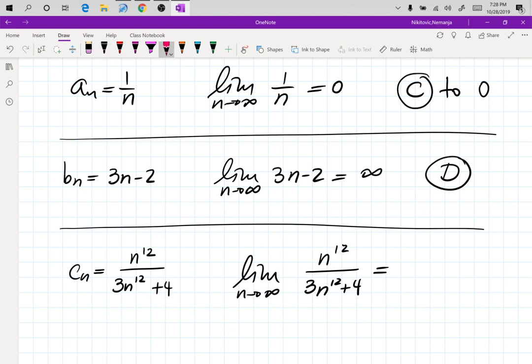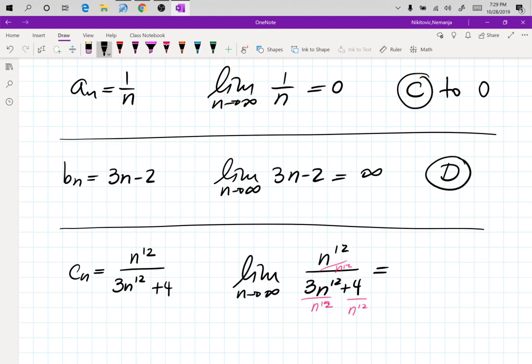When you divide everywhere by n to the 12, everything reduces down to 1 divided by 3 plus 0. When you divide 4 by infinity, you get 0, because 4 is a finite number, and you are dividing a finite number infinitely many times.